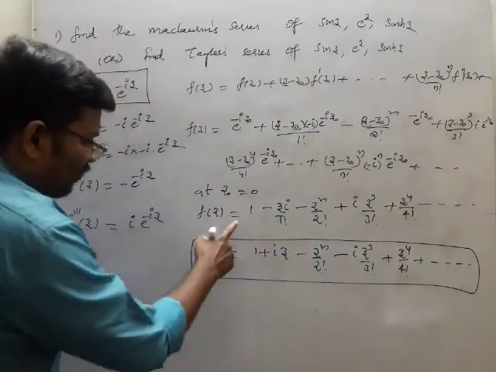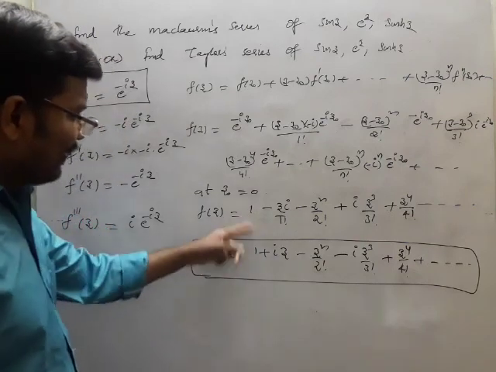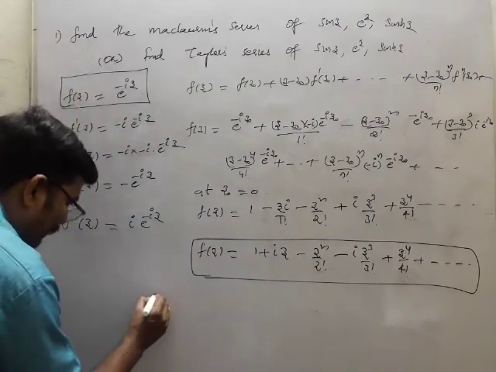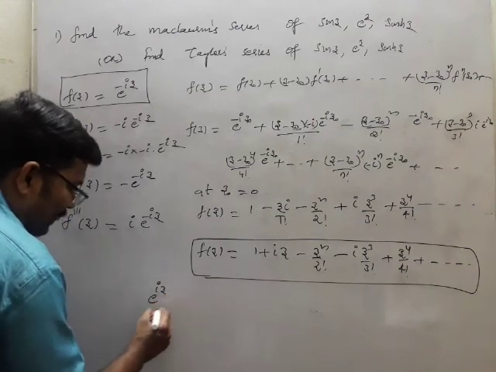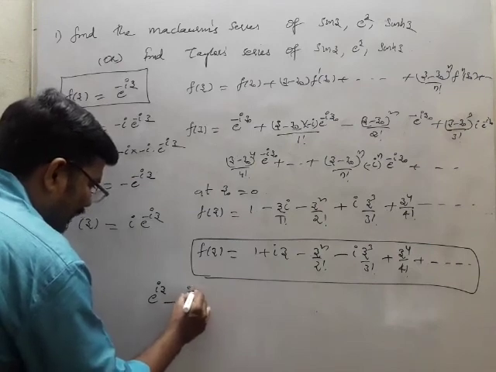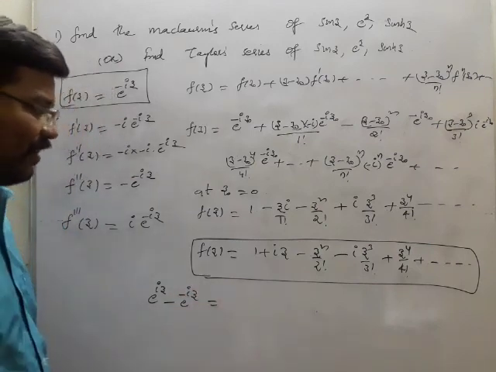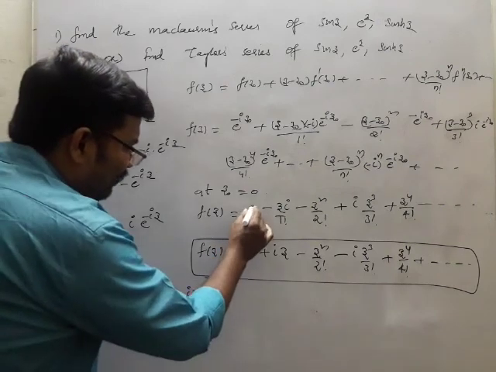Now I wanted to subtract these two: e power iz minus e power minus iz. If I subtract both of them, what are you going to have? Anyhow these two values will get cancelled.